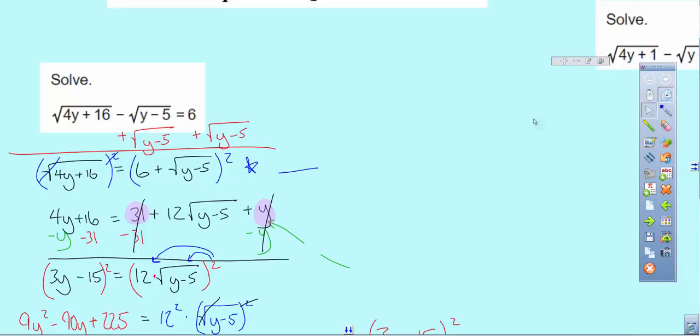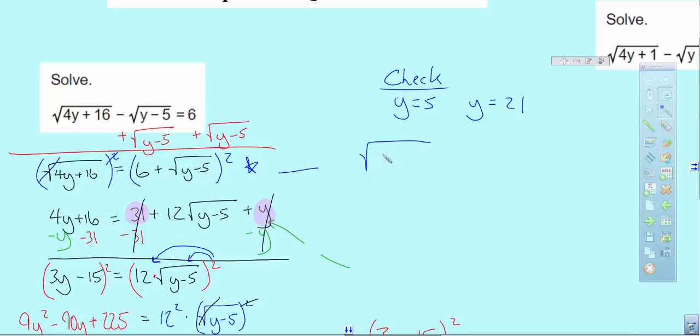Alright, so now I need to do my check. We had two numbers. We had y is equal to 5 and y is equal to 21. So we start checking those to see if they make the original equation true. So we take the square root of 4 times 5 plus 16 minus the square root of 5 minus 5, and that question is, does that equal 6?